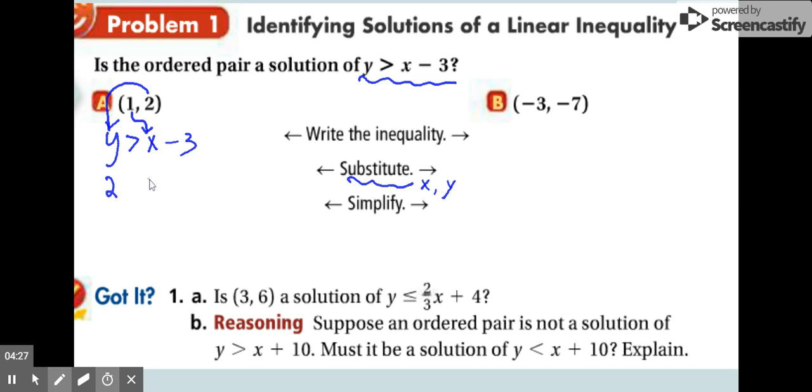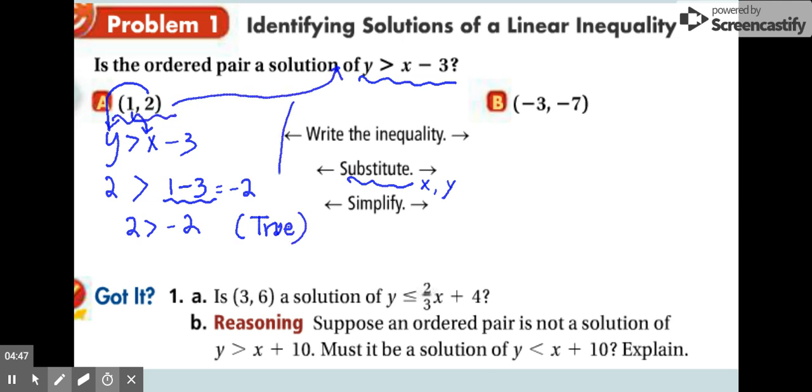So 2 and 1 minus 3, what do you think? 2 is greater than 1 minus 3, which is negative 2. Is 2 greater than negative 2? Yes, it's true. So (1, 2) makes this inequality true, right? So this is a solution.